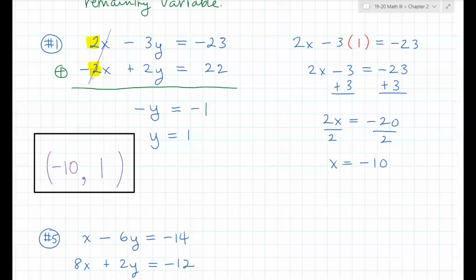The y didn't disappear because notice that for the y, I had a 3 and a 2. Different numbers. So that's why the y didn't eliminate. But the x eliminated because I had the same root number, a 2 and a negative 2, but nonetheless, it's a 2, right? That's why the x's disappeared.